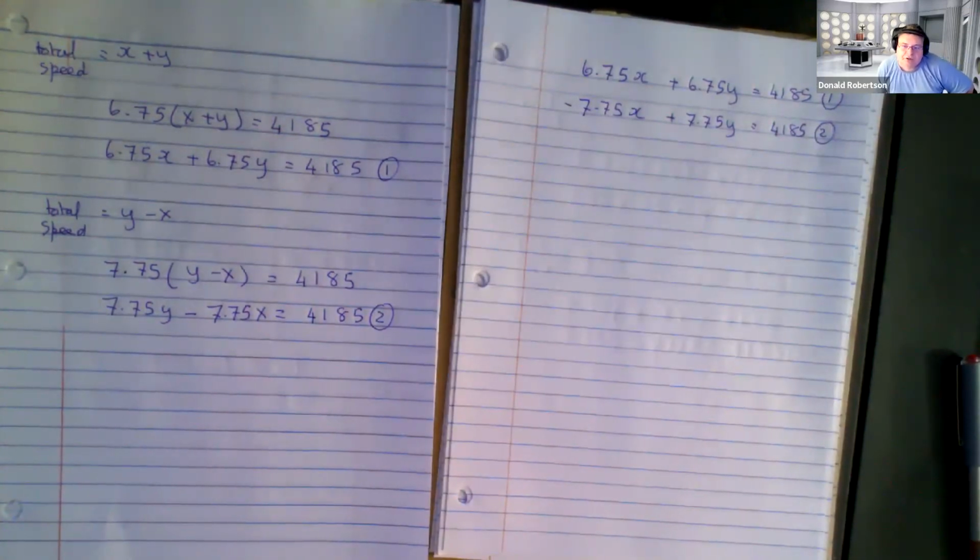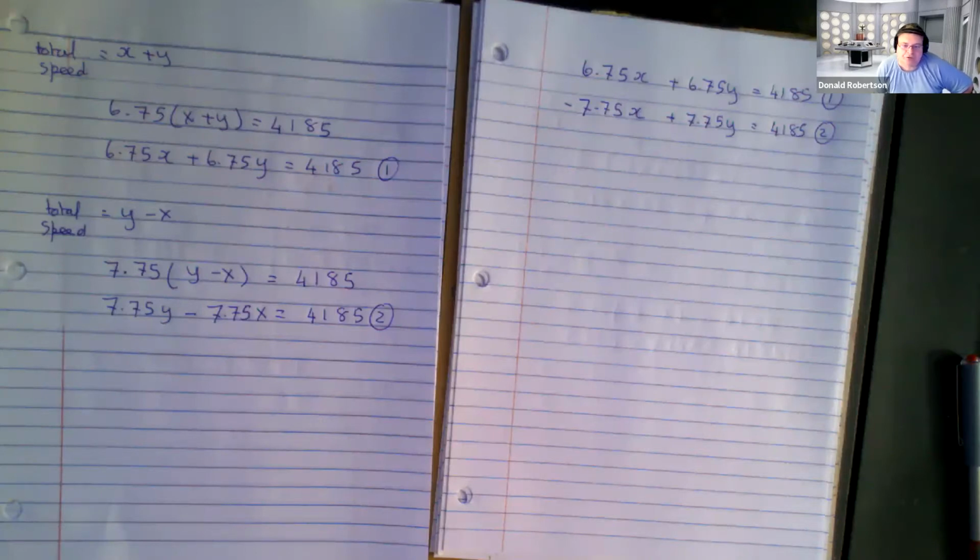Right, so we have an issue. We're going to have to solve them. First thing that strikes me is the numbers are ugly and they are decimals, but I still have to work with what I've got. And what I'm looking at is, do I go addition method or do I go substitution method? I don't think either method is going to be pretty.